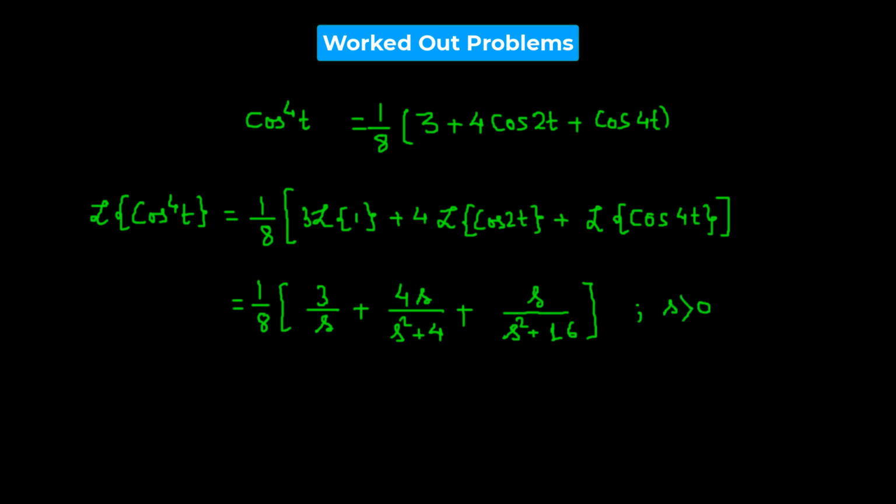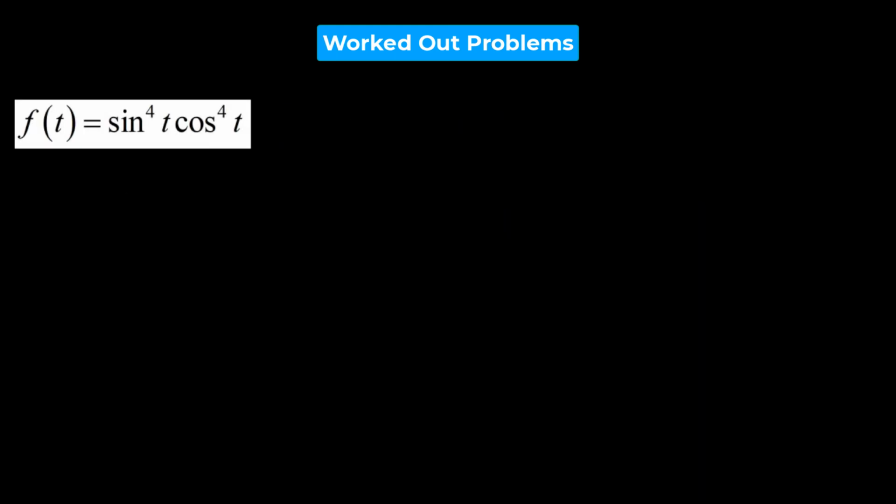So here we have the function sine of t raised to the power of 4 times cosine of t raised to the power of 4. Now we are going to rewrite this particular function as sine of t times cosine of t, whole raised to the power of 4. Then we're going to multiply and divide by 2.